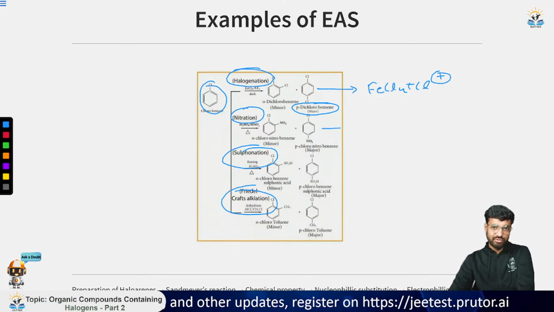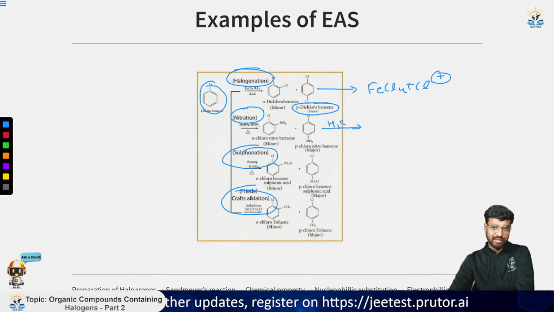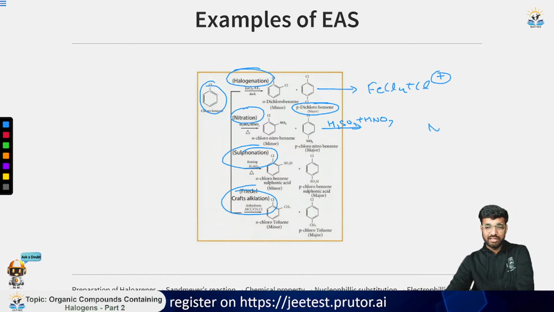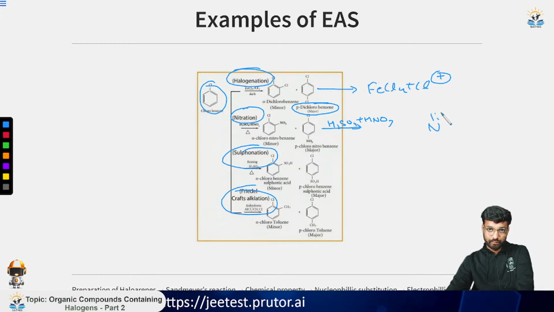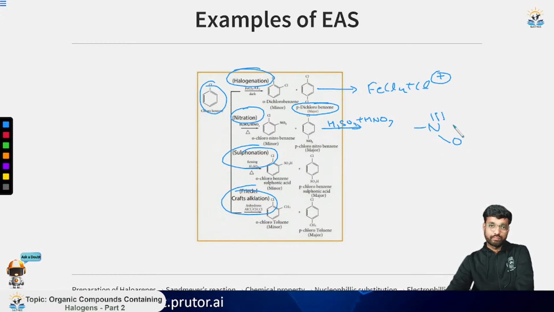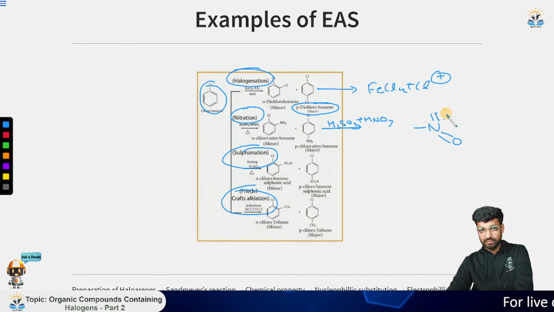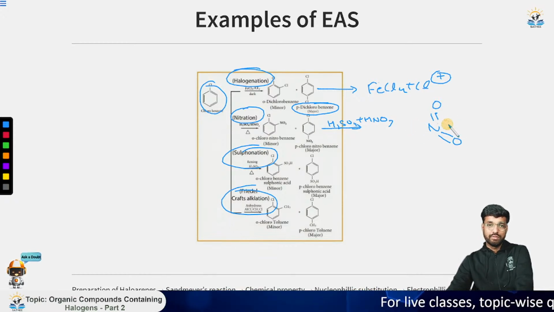For nitration, we use the mixture of H2SO4 plus HNO3, and we get this type of electrophile.